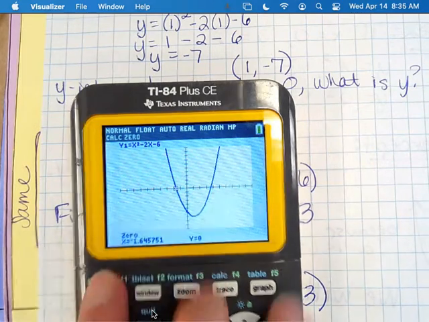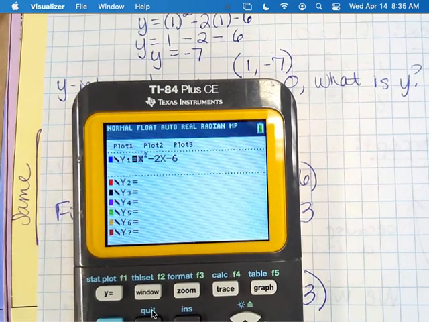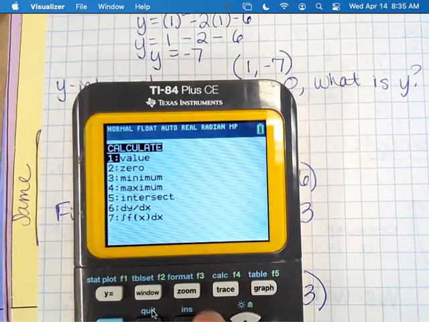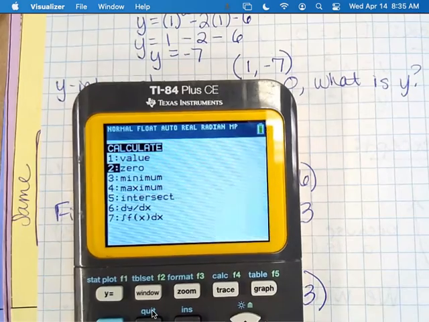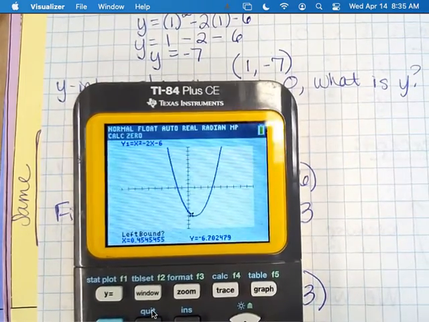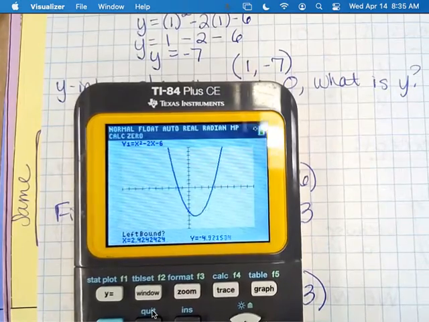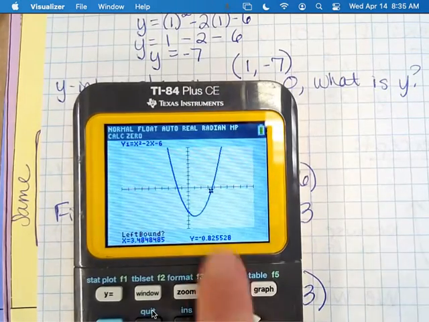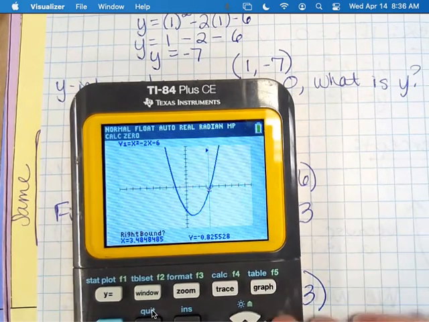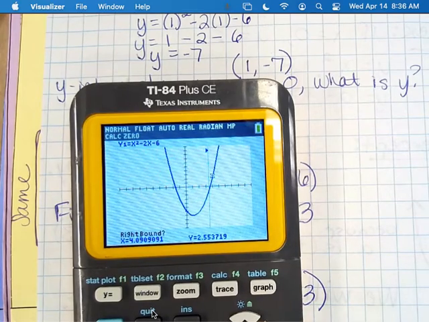So I'm going to show you it again, but I'm going to find the other one. So I'm going to go back to my graph. I'm going to do second calculator, second trace, my 0, and I want to go to the left bound of the other 0. So I'm going to have to go around to the other side. So my other 0 is somewhere around here. My left bound on this one is actually below, so I push enter. My right bound is actually above.